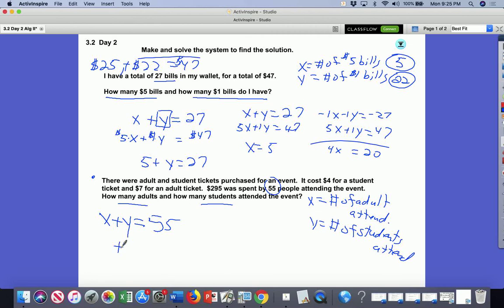The revenue generated by this many adults attending is going to be $7 per ticket times the number of tickets. So that's the revenue generated by X adults attending. And this would be the revenue generated by, no, it's $4, sorry. $4 a ticket times the number of student tickets equals a total revenue of $295.